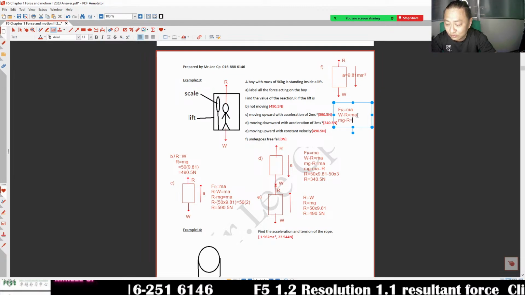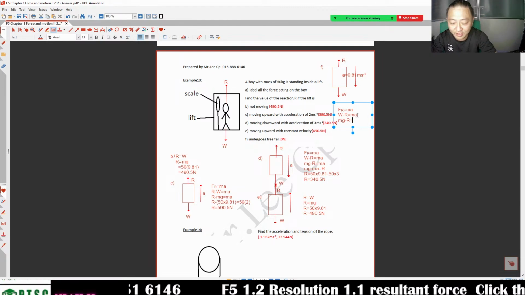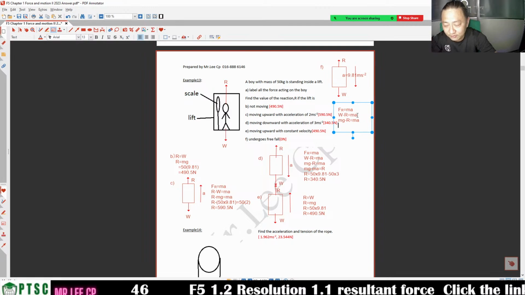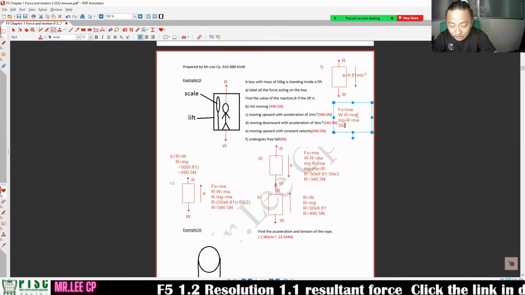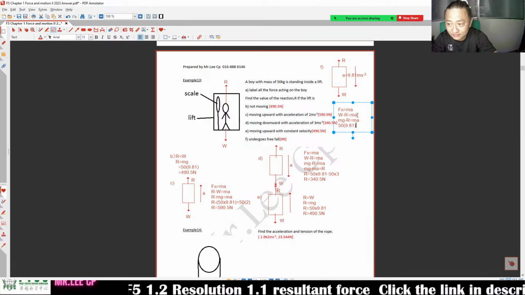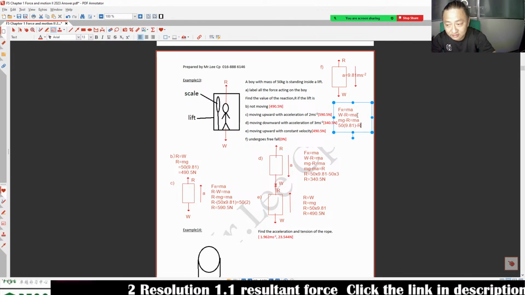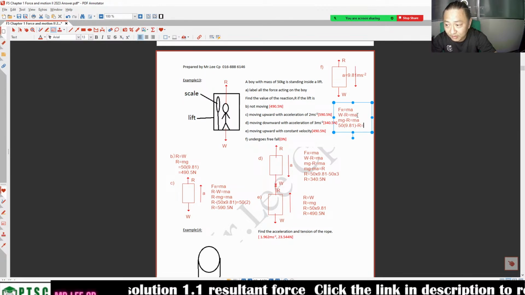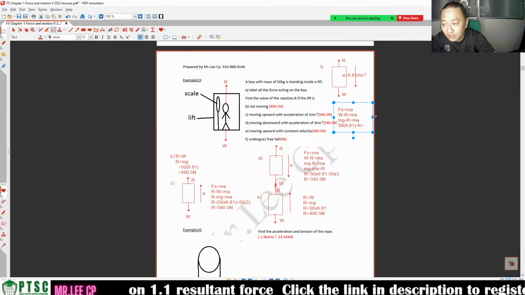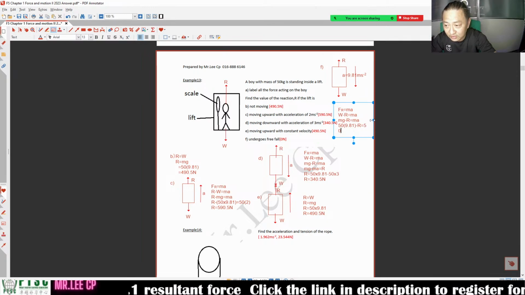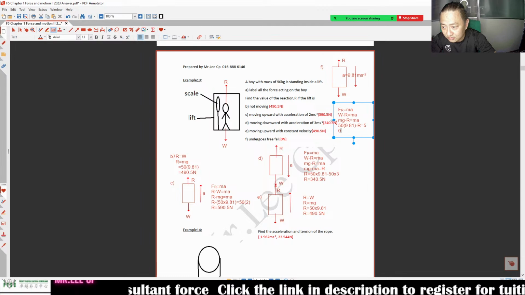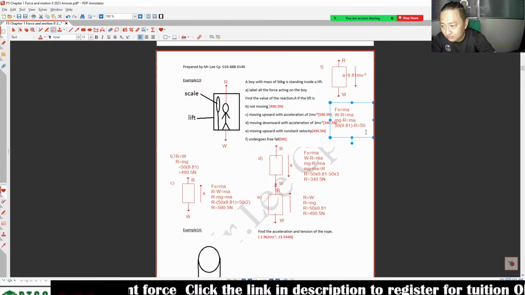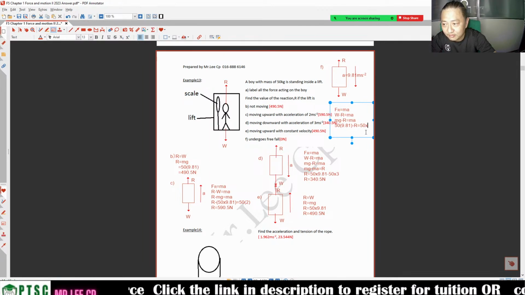M is 50, g is 9.81, minus R is equal to M A, 50 times A. Oh yeah, not enough space.